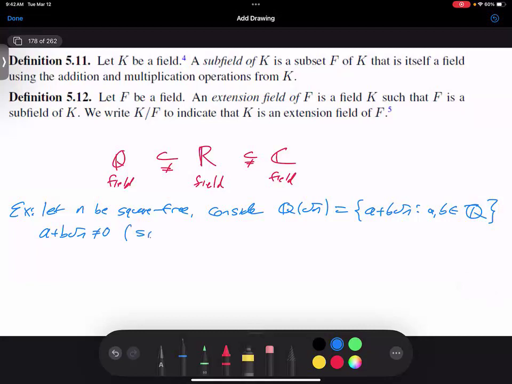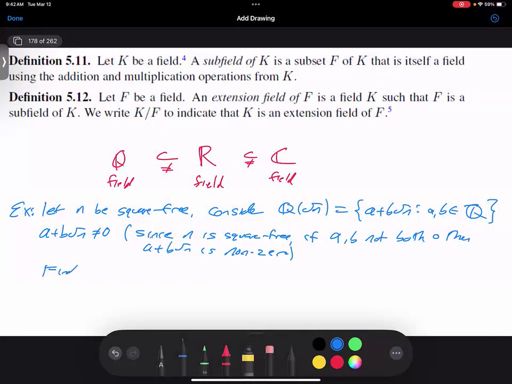And since n is square free, if a and b are not both 0, then a plus b root n is non-zero. So that's a good thing for you to try to show. So we want to try to find an inverse in Q adjoin square root of n.